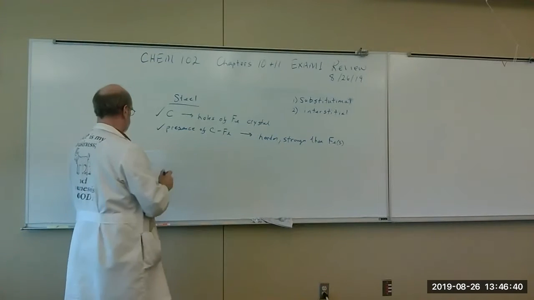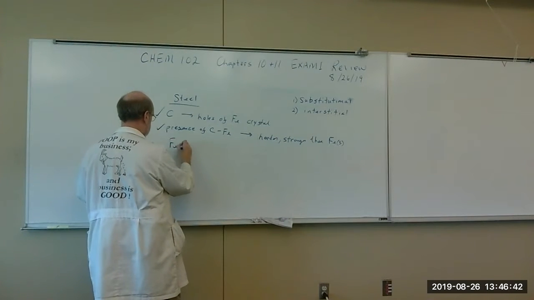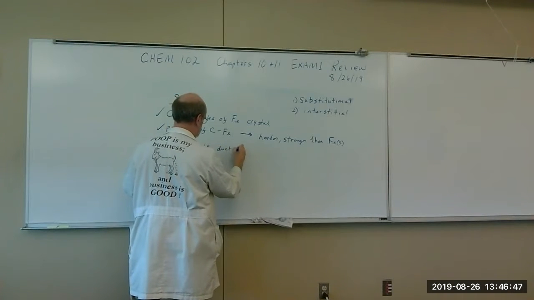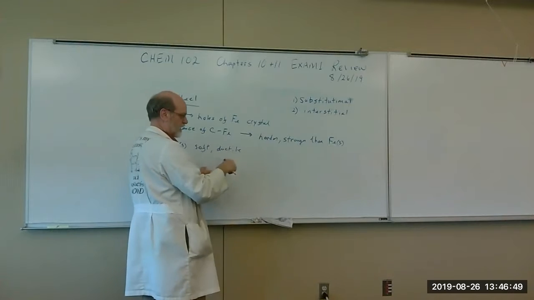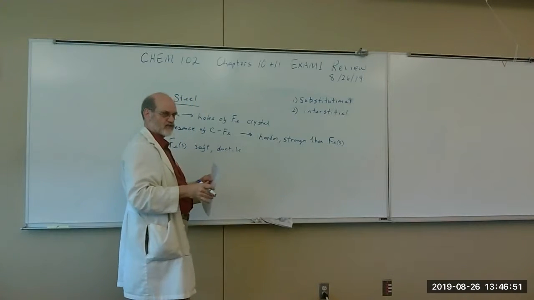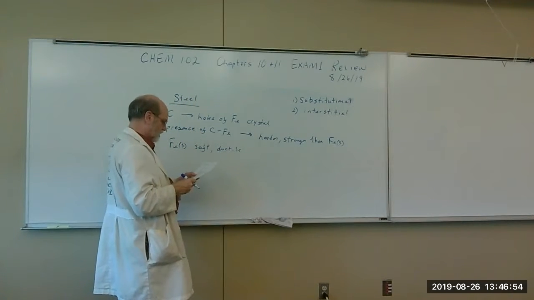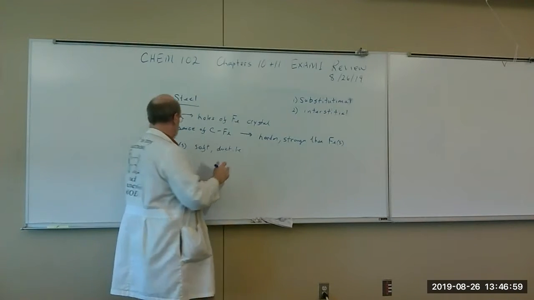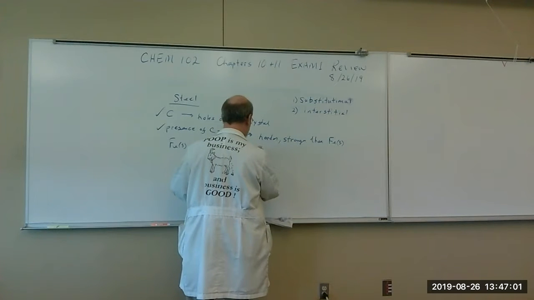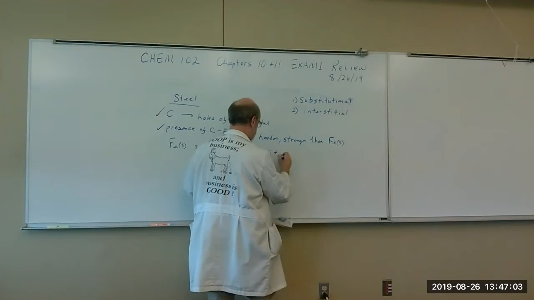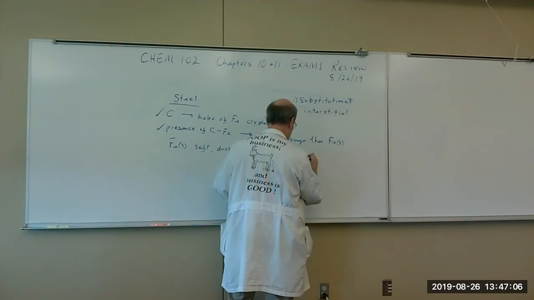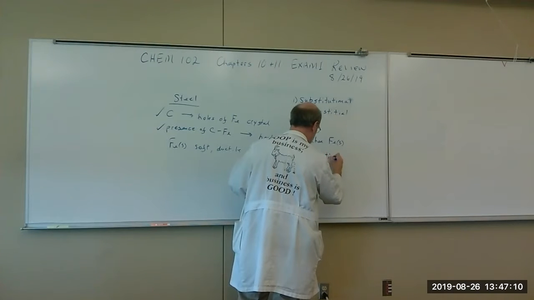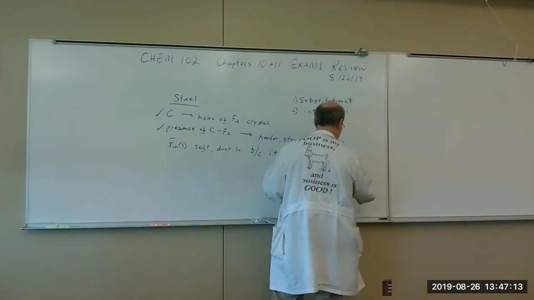How about, well, I already gave you this one. Pure iron is soft, ductile. That just means it can be bent and pulled, stretched. Why? Because it lacks directional bonding.